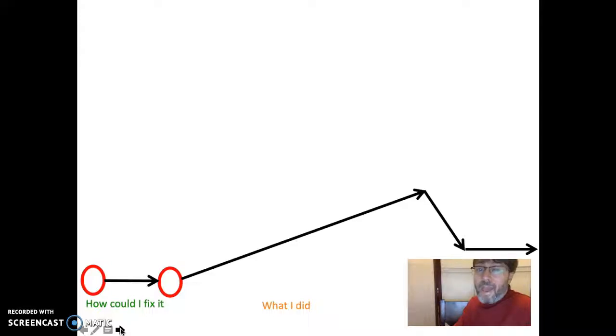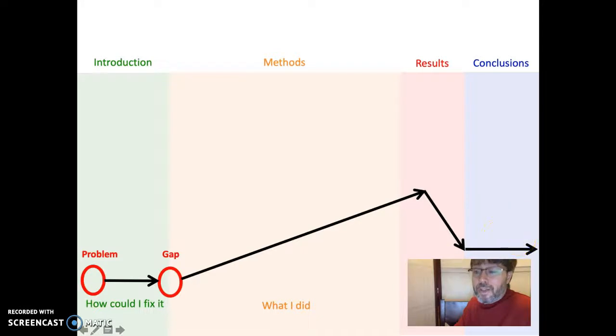So that is essentially your introduction, methods, results, and conclusions. And you can see that after you execute your project and you've discovered something, you should be in a better future state than you were at the beginning. You'll have some information then to apply to that gap that you identified based on what you did and what happened when you did that.